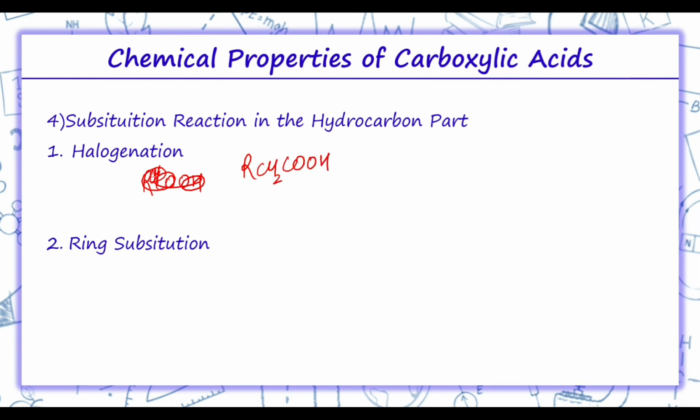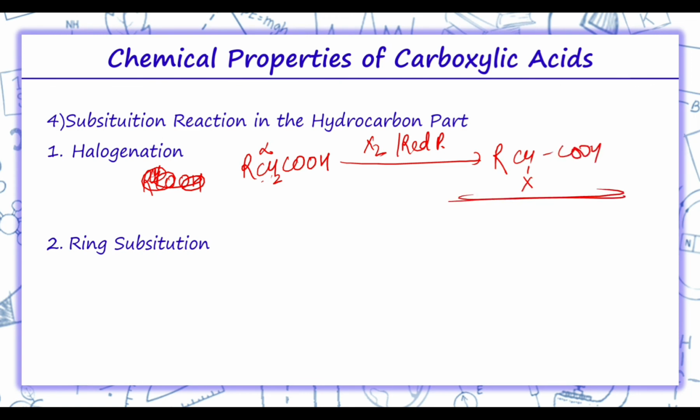So carboxylic acids which have an alpha carbon are halogenated at the alpha position on treatment with chlorine, or we can say bromine, in the presence of red phosphorus. So they react with halogens, any halogen it can be, in the presence of red phosphorus. Thus in the alpha position this halogen is substituted and we get alpha halocarboxylic acid.